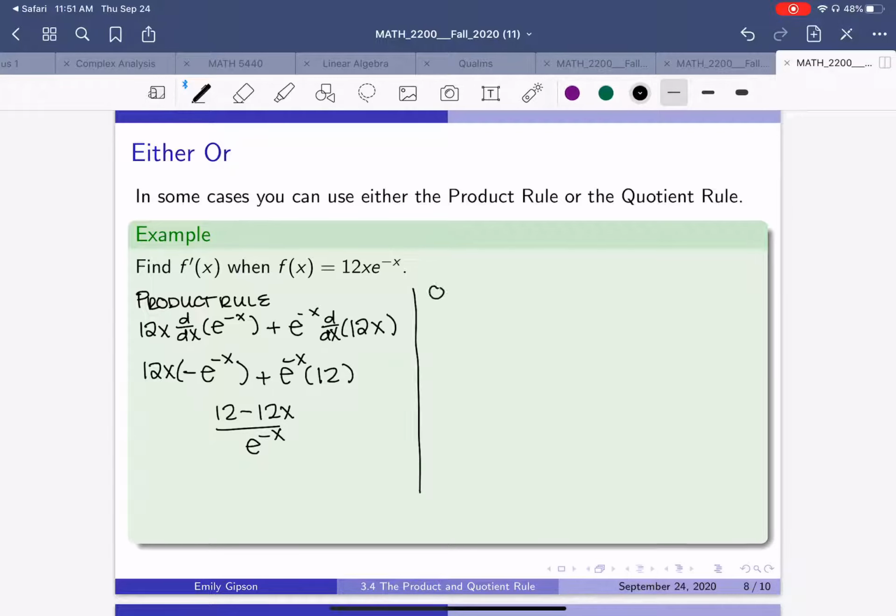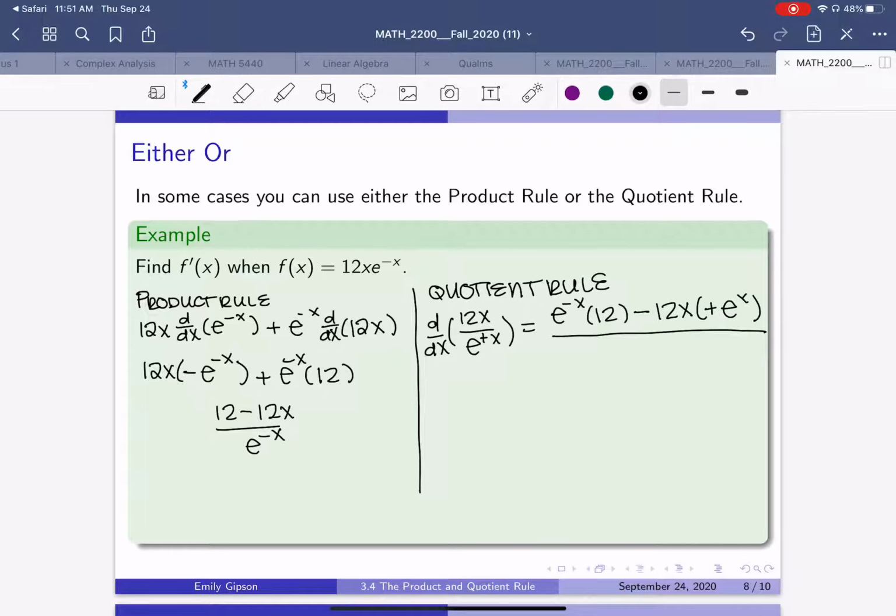So we hope that using the quotient rule, we're going to get something pretty similar. And the quotient rule says that if I turn this into 12x over e to the x, then d dx of this beast should look like low, e to the x, times d high, which is 12, minus high, which is 12x, times d low, which is e to the x, all over e to the x times e to the x.